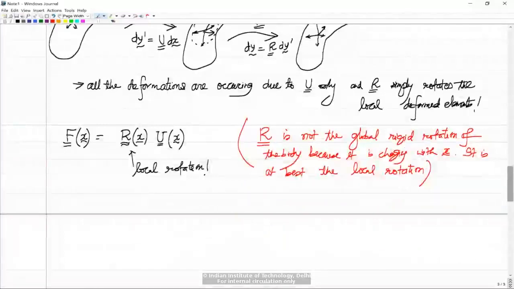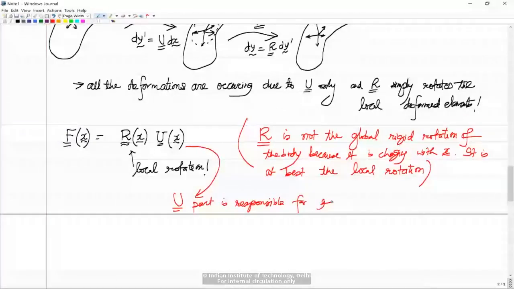It is just to show that it is the U part which actually contains the information of strain of the body, because it is U which is leading to deformation. So I can also mention here that the U part is responsible for generating strain in the body.